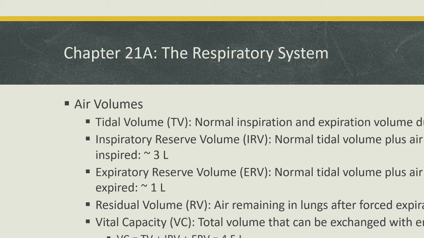But then there's what's called the inspiratory reserve volume, and that's that normal tidal volume plus the amount of air that you can forcefully inspire. In other words, the amount of air that you can additionally breathe in. You can take your normal half of a liter and add to it about 2.5 more liters.